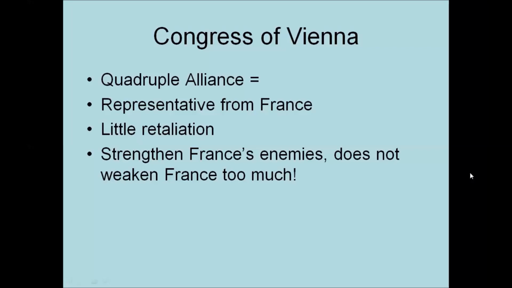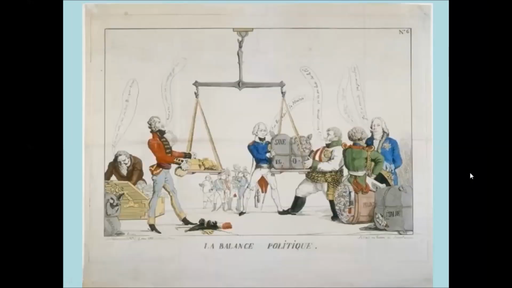The goal, again, by Metternich and some of the other leaders, was to balance power. So you want to strengthen France's enemies, but you don't want to weaken France so much that she becomes desperate. So this is just a political cartoon of the time period.